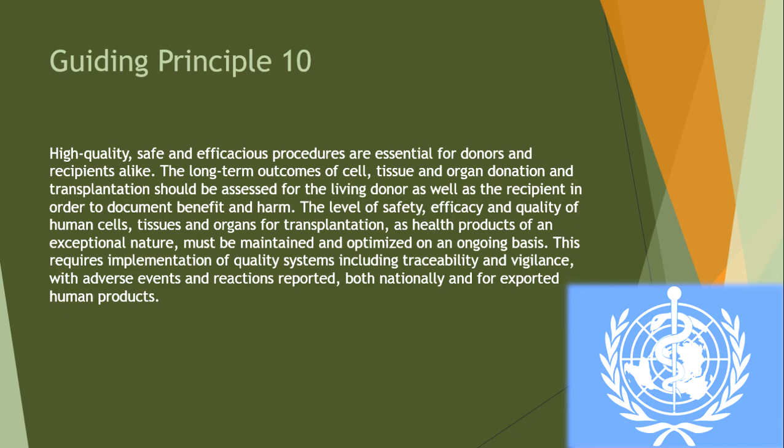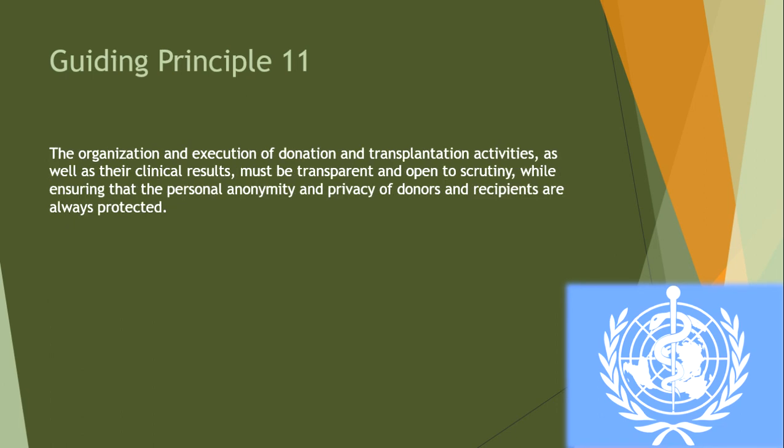This requires implementation of quality systems including traceability and vigilance, with adverse events and reactions reported both nationally and for exported human products. The organization and execution of donation and transplantation activities, as well as their clinical results, must be transparent and open to scrutiny, while ensuring that the personal anonymity and privacy of donors and recipients are always protected.